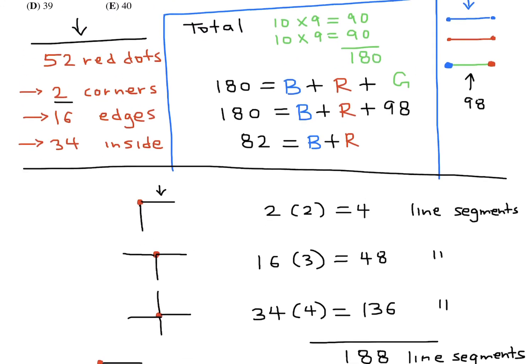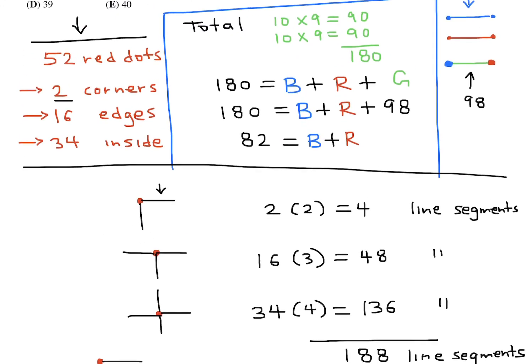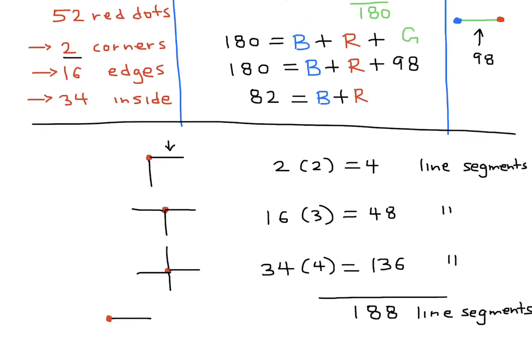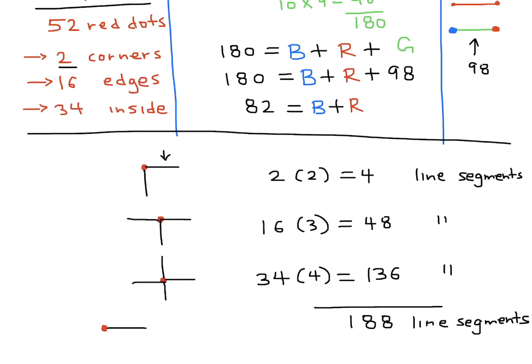Well, if it is connecting 2 red dots, it's going to be a red line segment. If it's connected to a blue dot, it will be a green line segment. So when you have a red dot and a line, that line segment can only be either red or green. You cannot have a blue line segment emerging from a red dot.